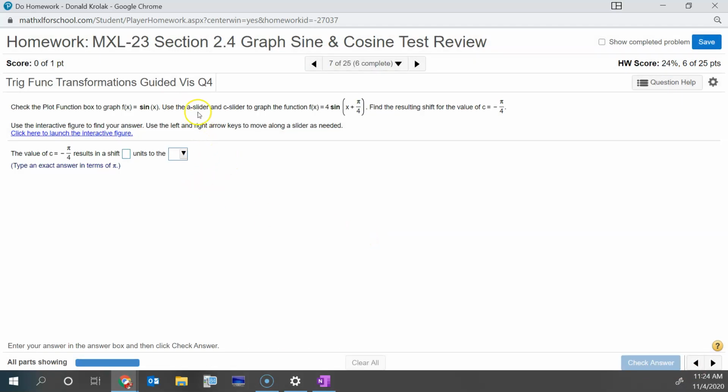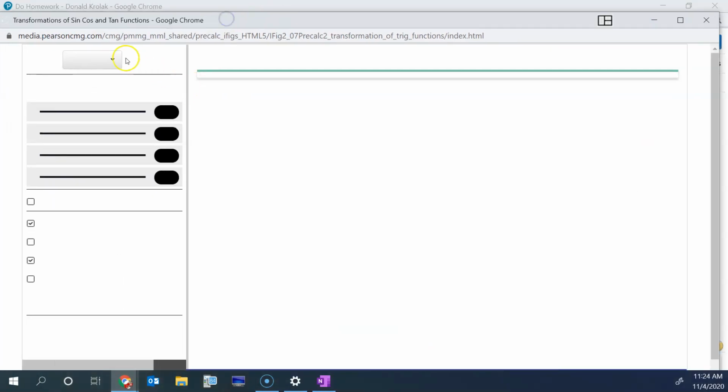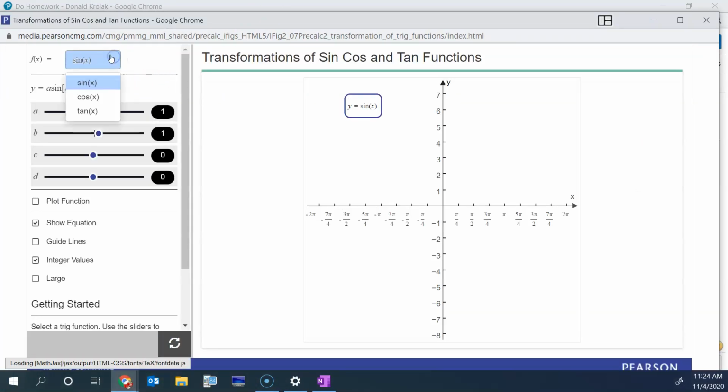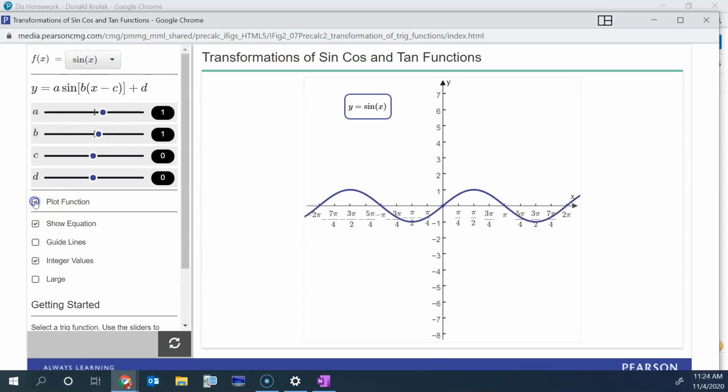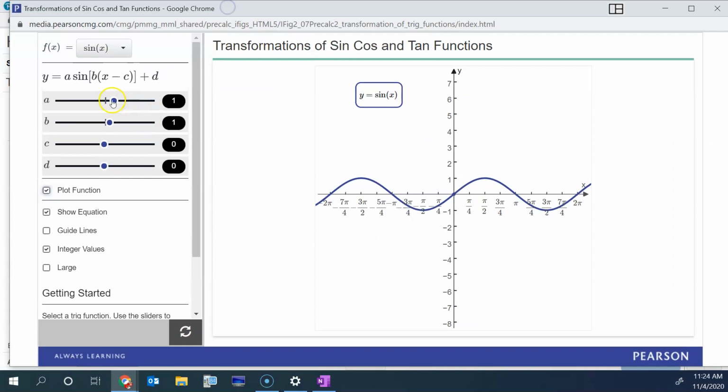Okay, now you're going to use the A and the C sliders, and you're going to build this equation: 4 sine of x plus pi over 4, and the resulting shift for C value is negative pi over 4. So we launch it. There's my normal sine, and A is 4.